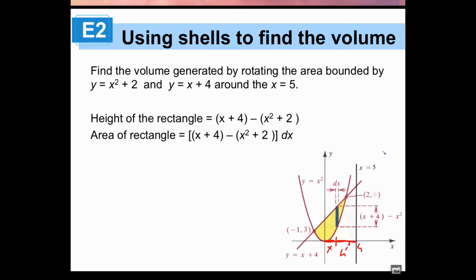However, the way I think of it is the rectangle is at x. This is 5. Staying with the idea of right minus left gives me this distance as 5 minus x. If the axis of revolution is on the other side, then it would be x minus whatever. Still staying with top minus bottom for the height of the rectangle and right minus left to find that distance.